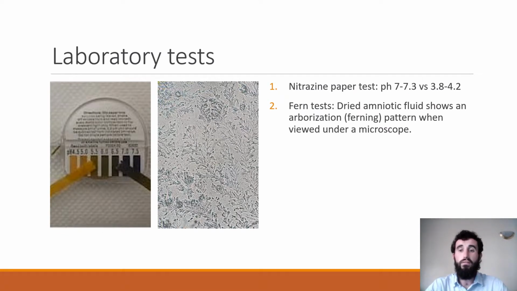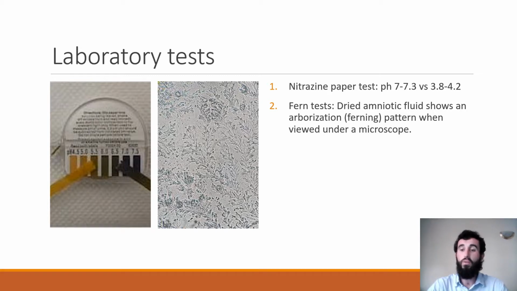Also, we have the nitrazine paper test, where we will see the pH of the secretion. As we know, the normal vaginal pH is around 4, from 3.8 to 4.2. If the baby lived in an environment with that acid fluid, the baby probably would die very soon.